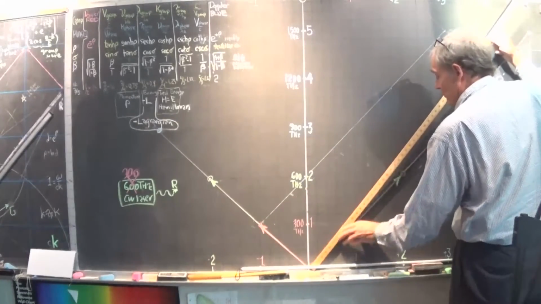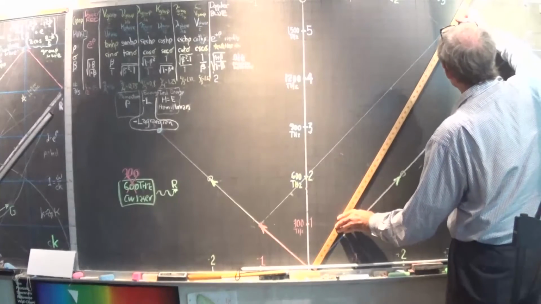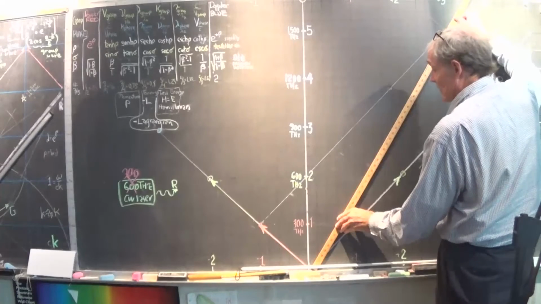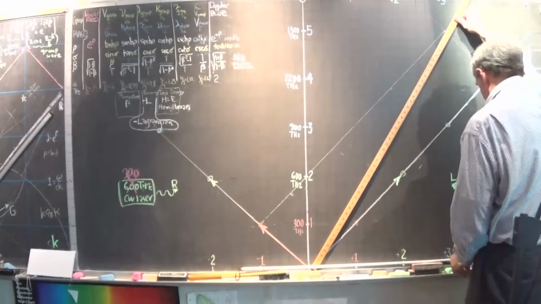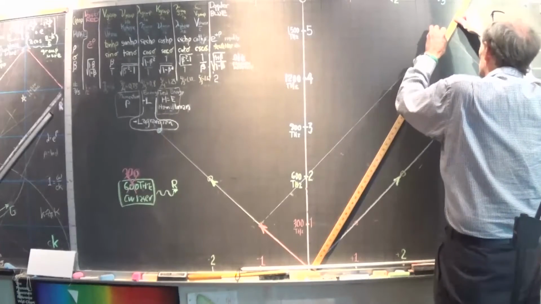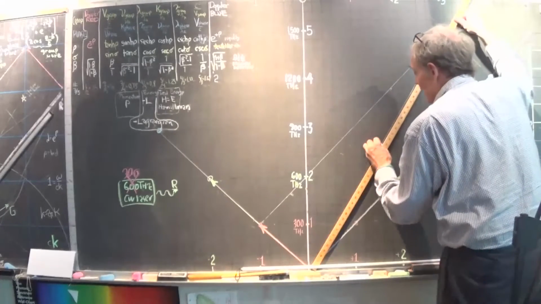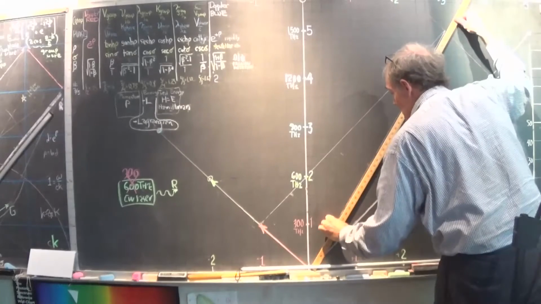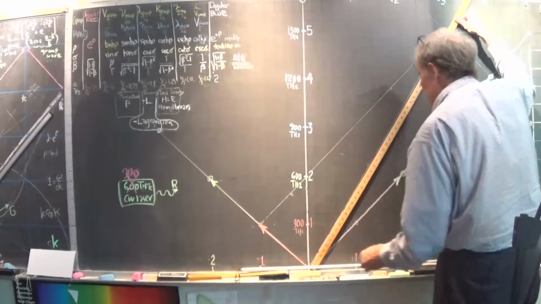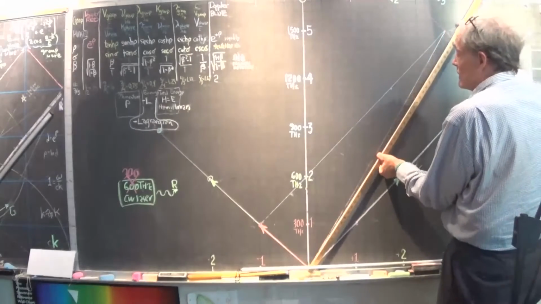Okay, so I need both of those diagonals to finish this diagram, because I've got to get the half sum and the half difference. This is the sum right here of those 2 vectors. So I'll draw that right away. There's the diagonal right there. And that's going to contain my new phase vector.